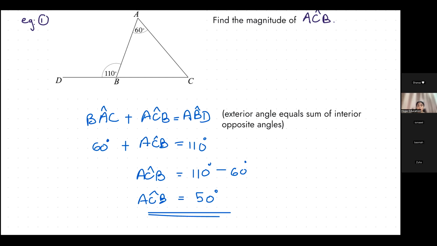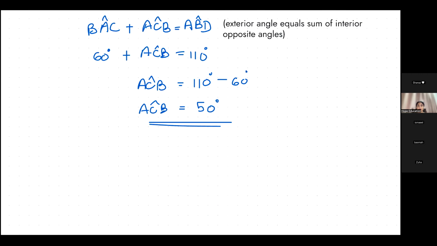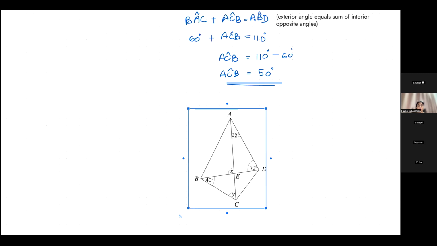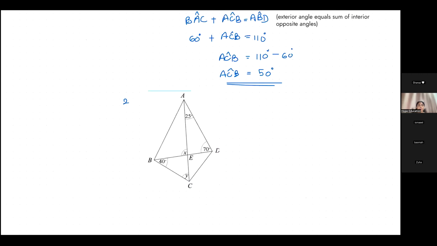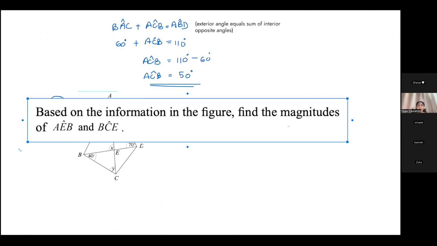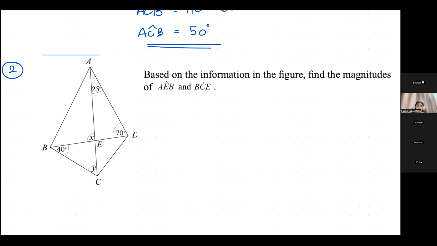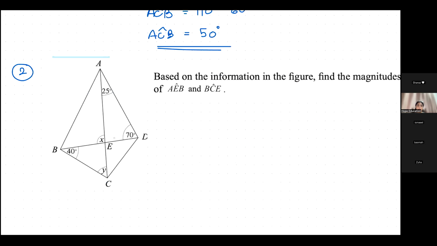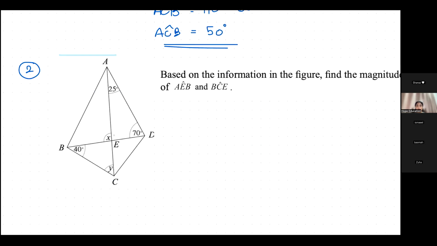Then this is example 2. The question here is, based on the information in the figure, find the magnitudes of AEB and BCE. AEB is X, and BCE is Y. So we have to find X and Y basically.